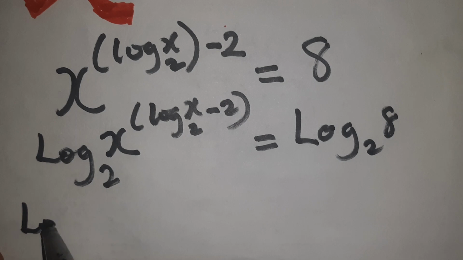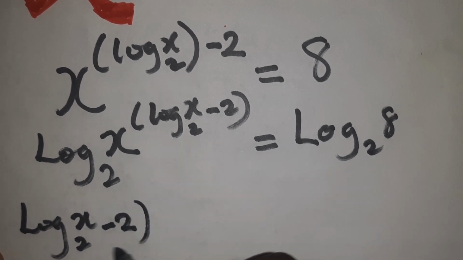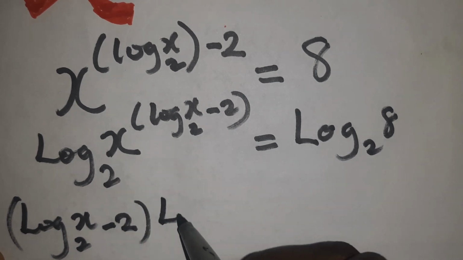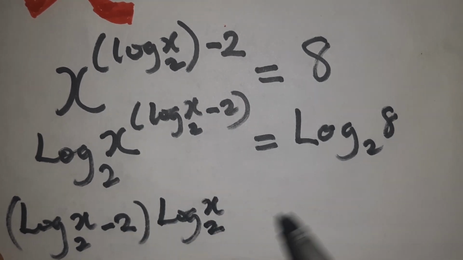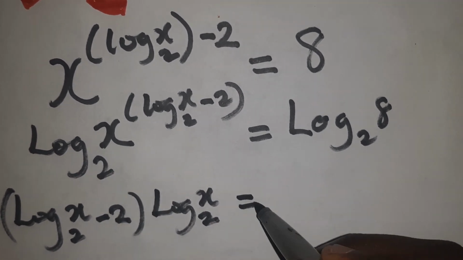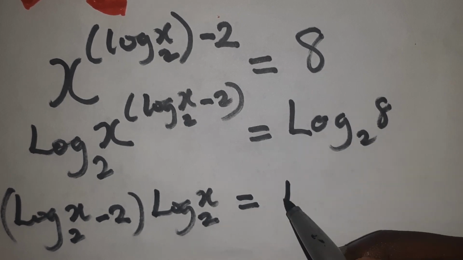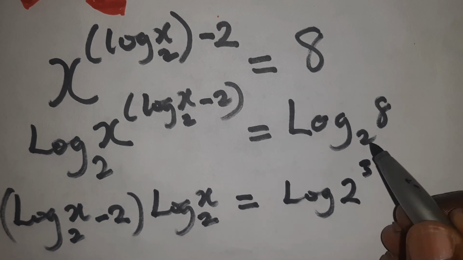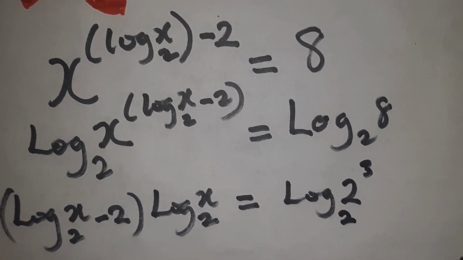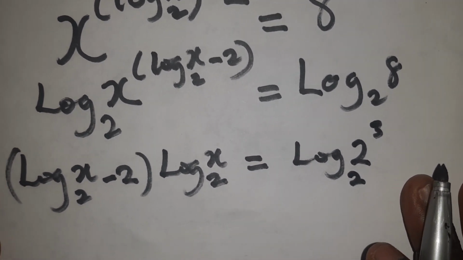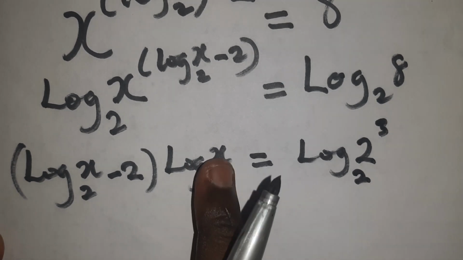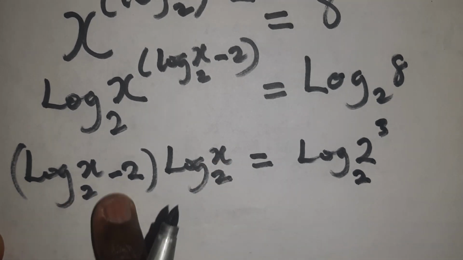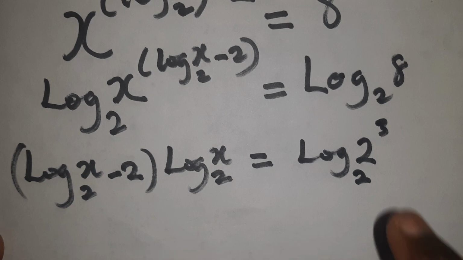You now have log x base 2 minus 2 times the log x base 2, then equal to, I can write this one as 2 raised to the power 3, then base 2. And I can open the brackets. I can just use log x base 2 to multiply every term in the bracket to open the bracket. And of course, this 3 can move over here also.